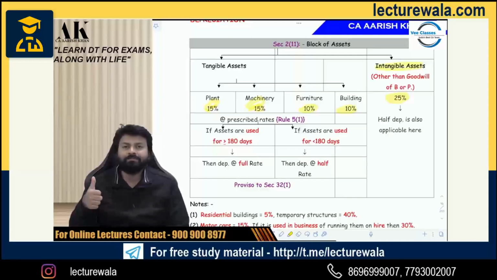So plant and machinery, let's group them as one asset only. That is fine. Plant and machinery 15% by default, furniture 10%, building 10%, intangible asset 25%. But there are some multiple rates now, like for building. For building there are multiple rates.